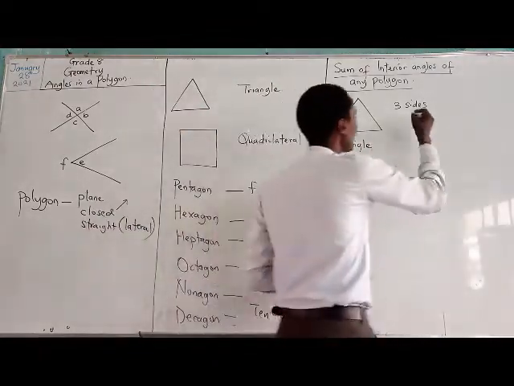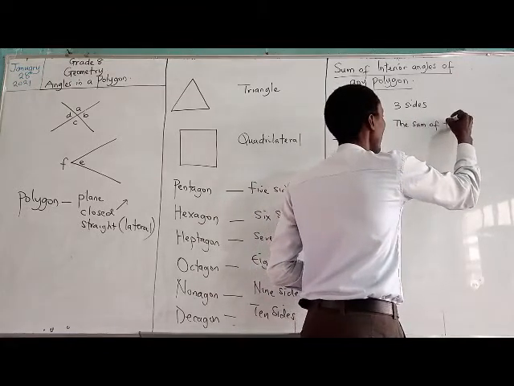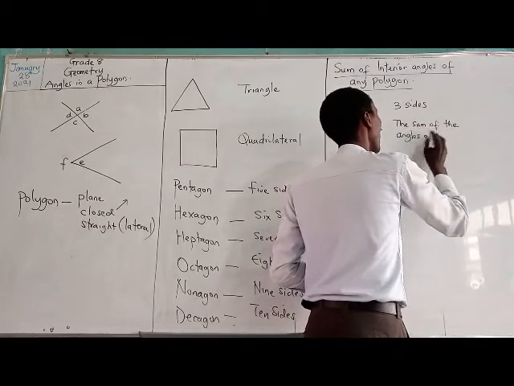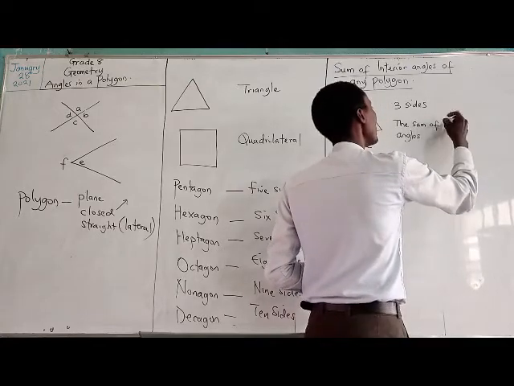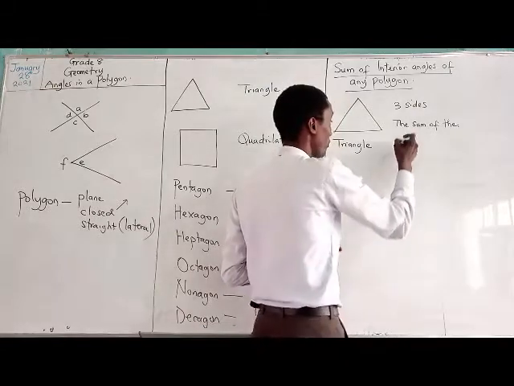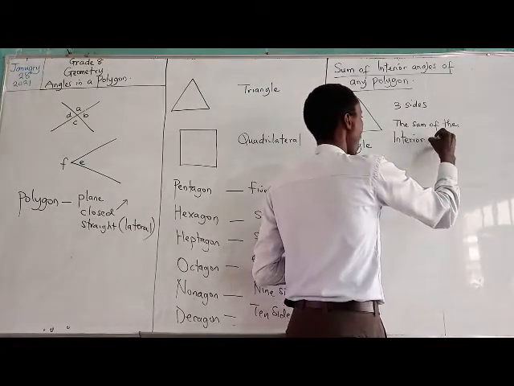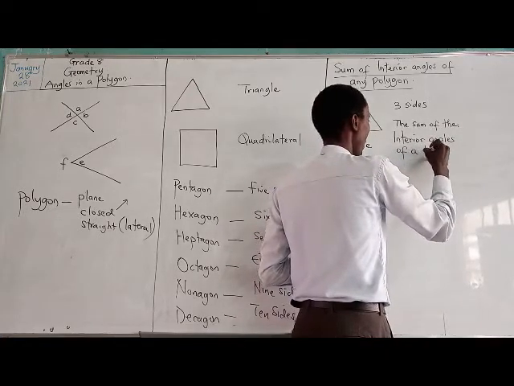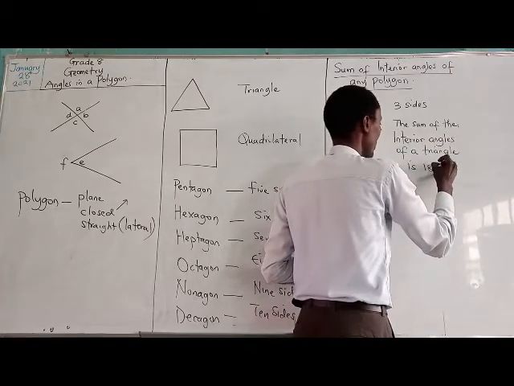The sum of the angles of a triangle, or the sum of the interior angles. Let's be more technical: the sum of the interior angles of a triangle is 180 degrees.